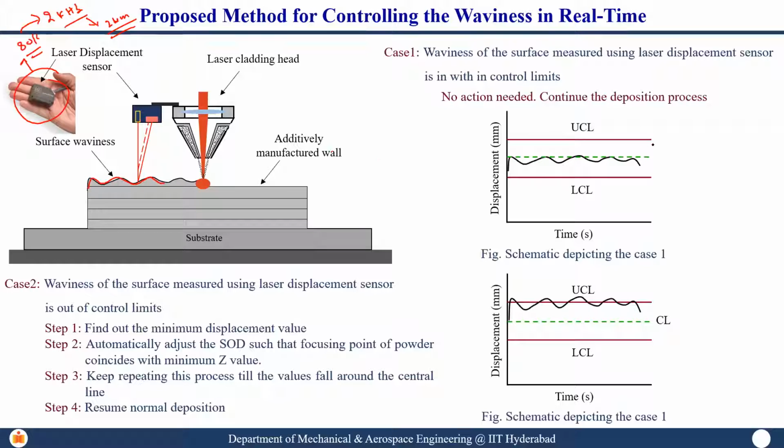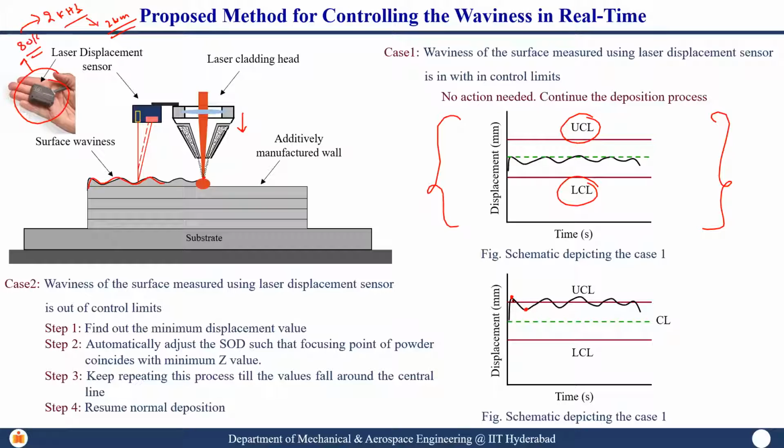Now, the typical control system. Once you have that, you define a lower control limit and an upper control limit for these peak and valley distances. Now, at any point of time, if it crosses the upper control limit, it gives you an alarm that waviness is going out of control. At that moment, it will bring down your Z value such that the powder focusing point will be at the valley, and it will be defocused at the peak.